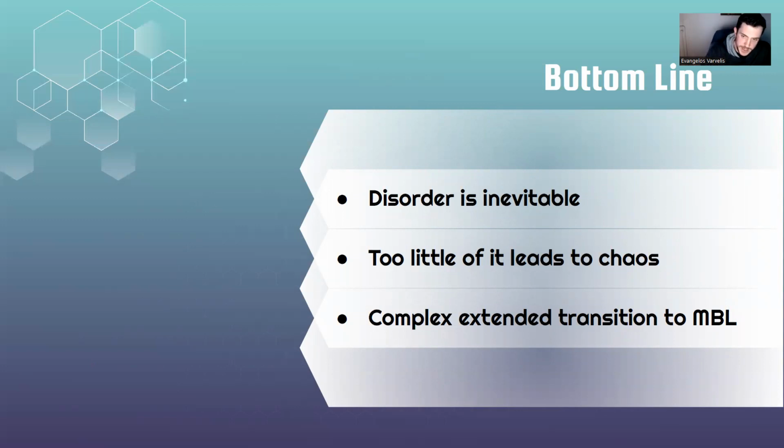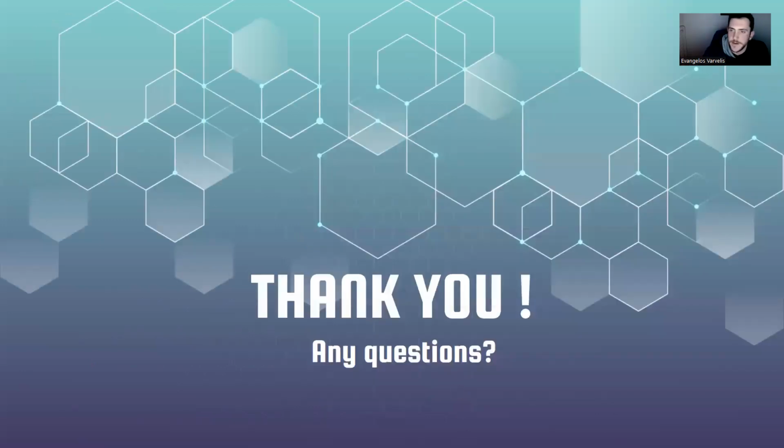And even if you do take care of that, you have to be aware that in between your safe zone of operations, being the MBL, and the chaotic regime, which you definitely should avoid, there is some minefield in between where it might look like you're viable, but in fact it is a metastable case of the system that you also would like to avoid. Yeah, and with that, I thank you very much.